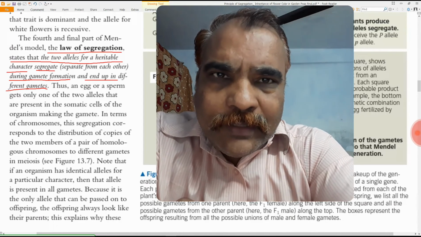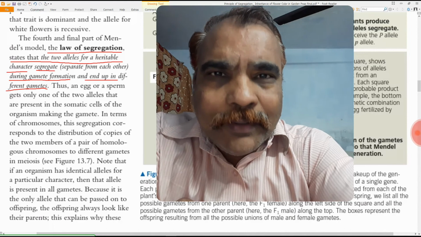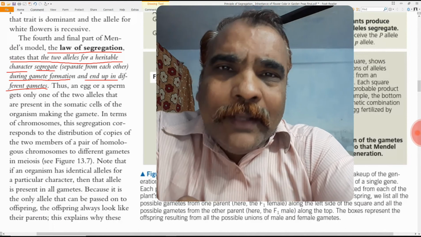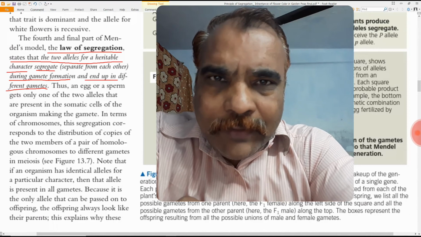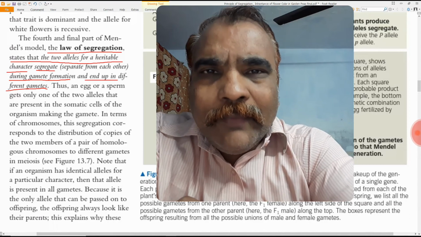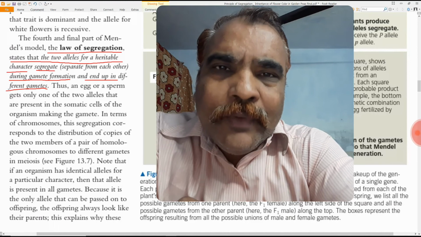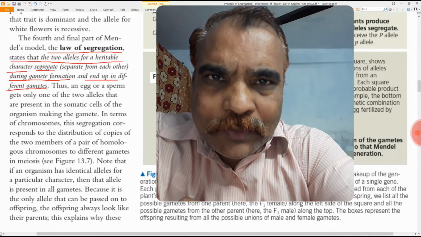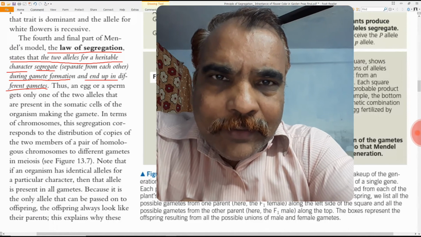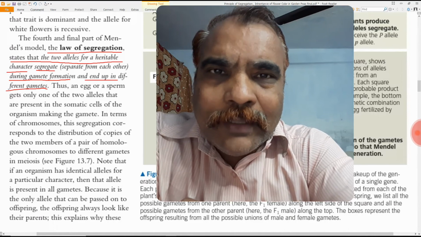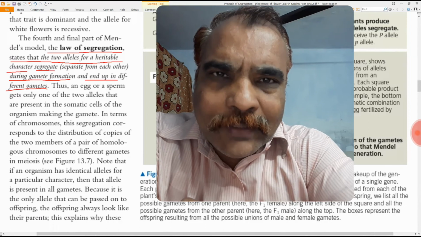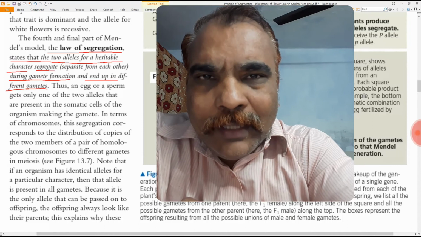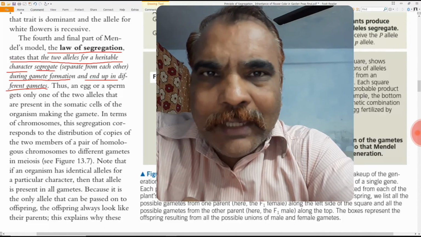For a particular gene, in all organisms we have two alleles, and in our body cells, the somatic cells, we have two sets of chromosomes. When the gametes are formed, the chromosomes separate, and due to the chromosomal separation, the gamete receives only one set of chromosomes, and instead of two alleles, only one allele is present in the gamete.